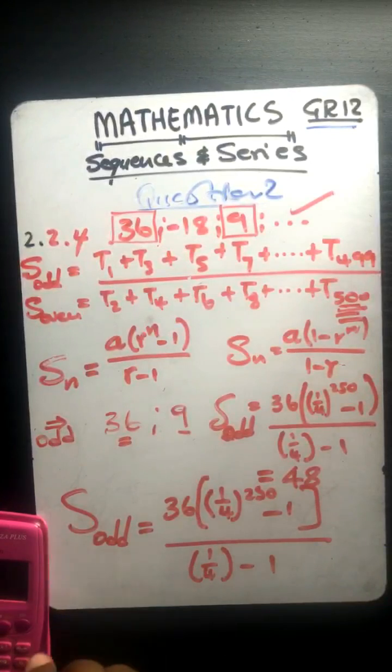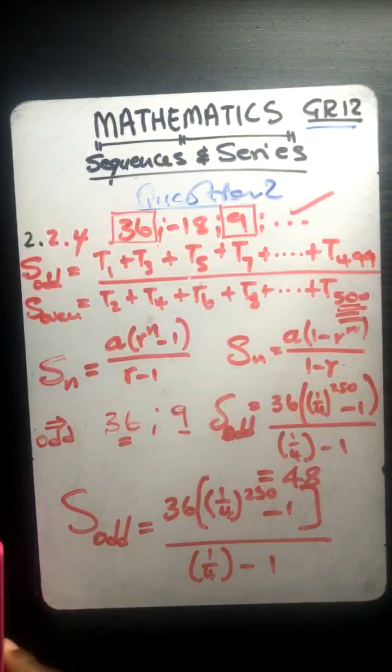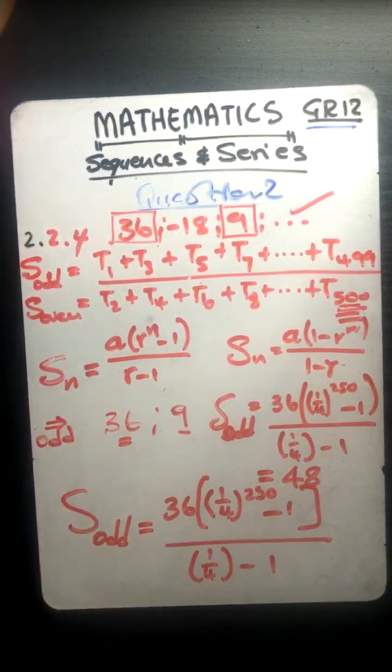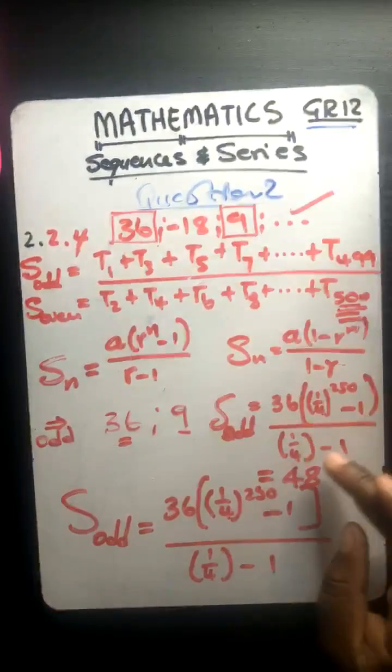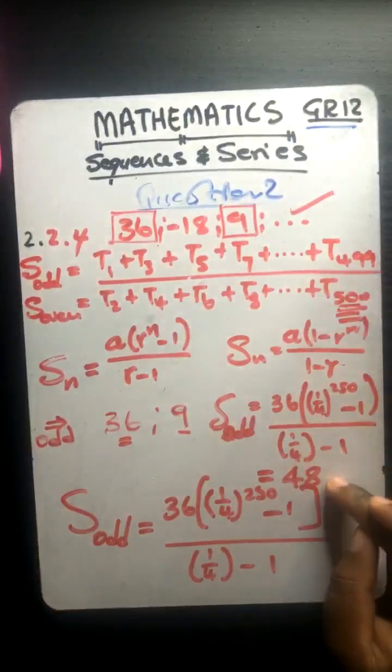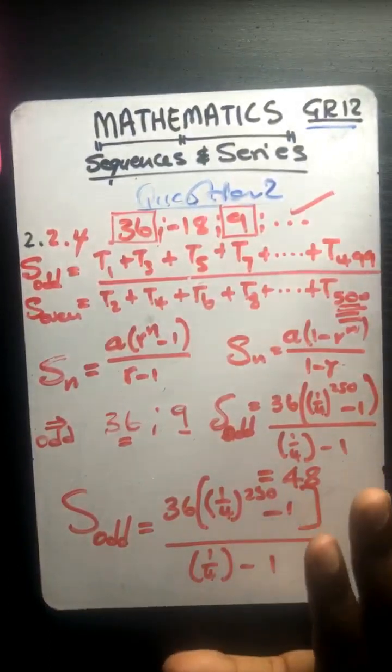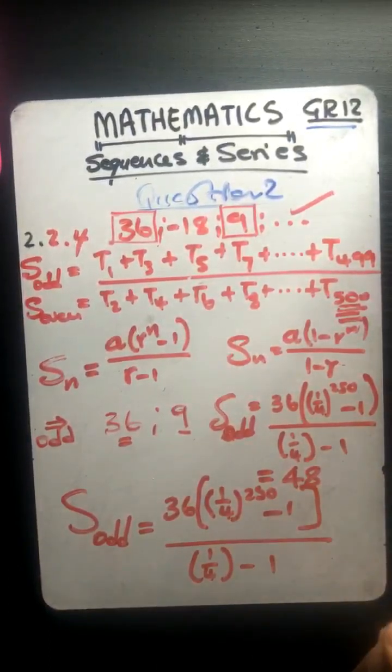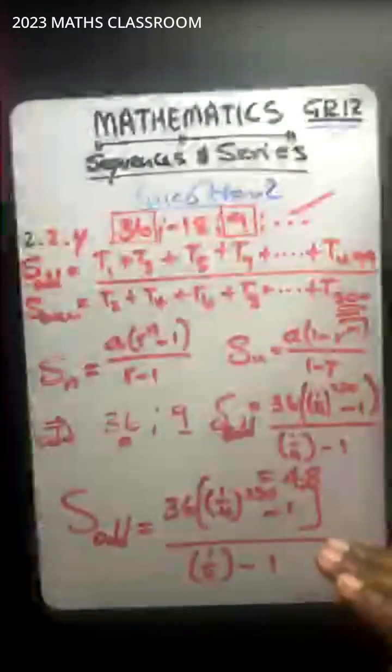Hey guys, I'm telling you, you won't have this time in the exam. This one you need to quickly sort out. I'm well aware that even though you might punch all of that and get 48, it doesn't mean you fully understand what we have done there. But believe me, I used to get these types of difficult questions, but I could follow what they were doing in the memo.